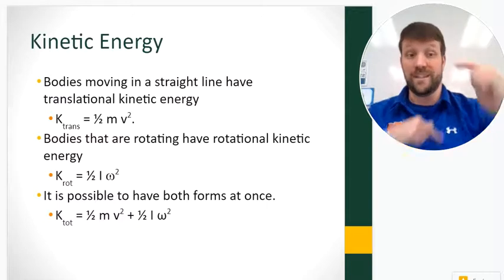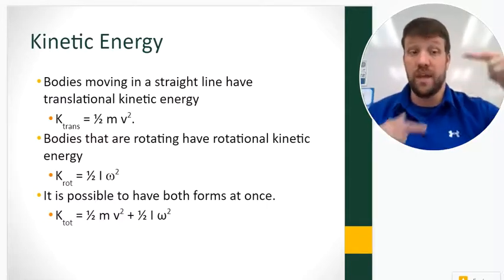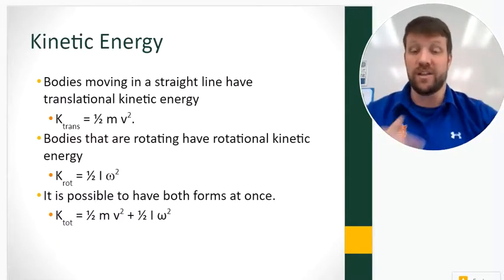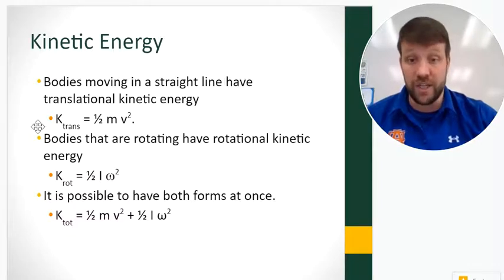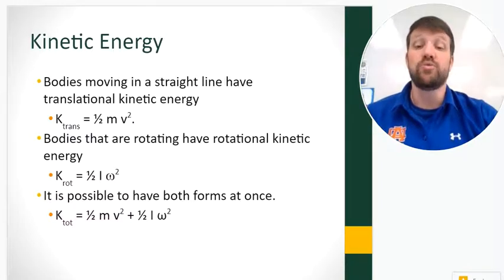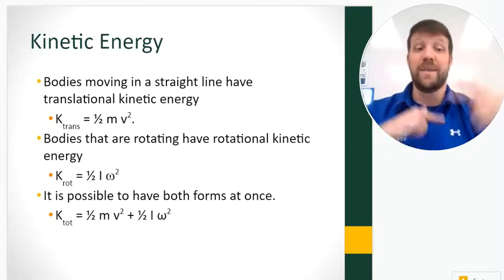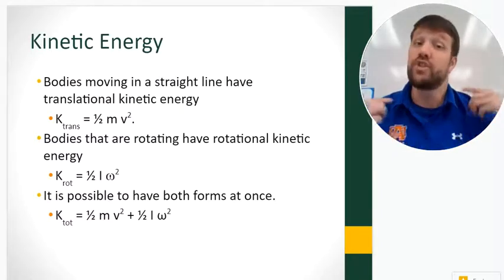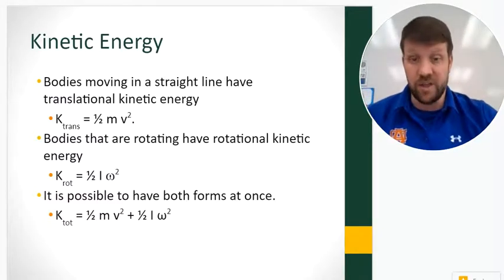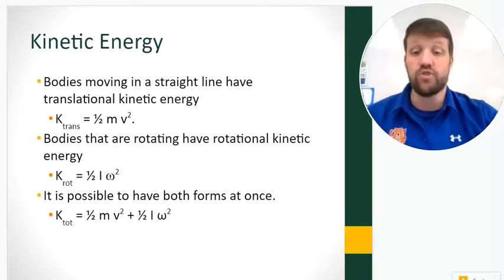So I could throw it so that it spins very quickly as it goes from A to B, or so that it spins very slowly as it goes from A to B. It's still going to go from A to B, and if it goes with the same velocity in both cases, it'll have the same translational kinetic energy. But it's going to have a higher rotational kinetic energy if it spins faster than if it spins slower. The total kinetic energy for these things will be found here by adding those two together.